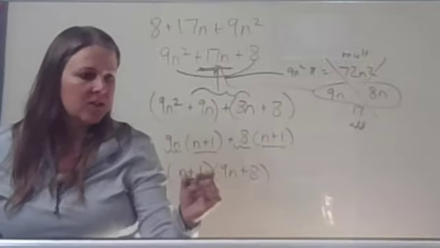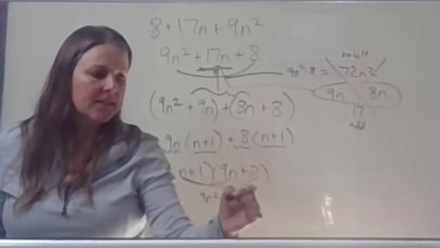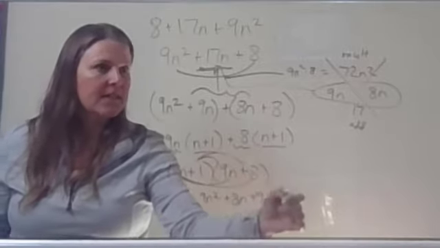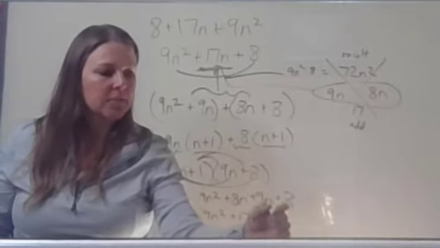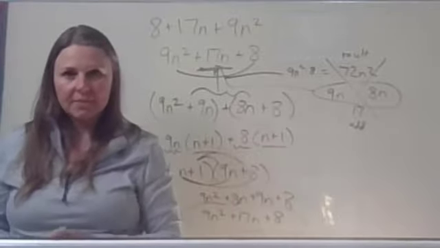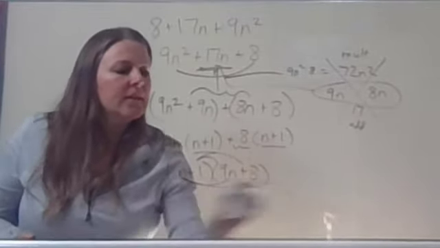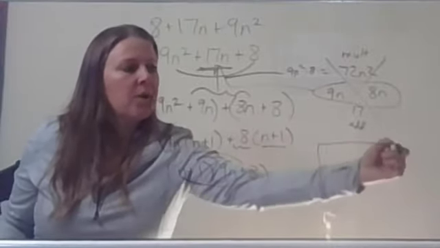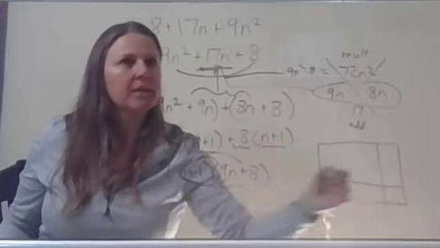And then you might as well just check your work really quick. 9n squared plus 8n plus 9n plus 8. That is 9n squared plus 17n plus 8, so it works. We can draw the box for this if you want. You don't have to draw the box, it's just an option, if you don't want to factor the long way. I didn't draw the box on the last one, I don't know why.